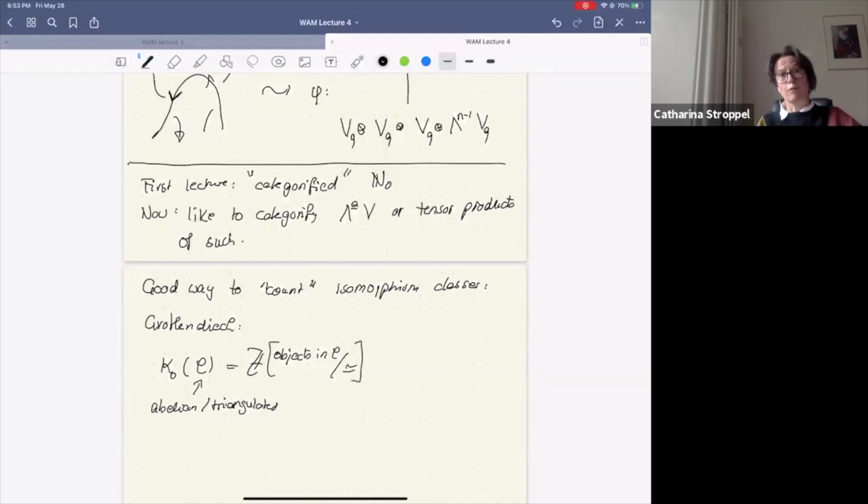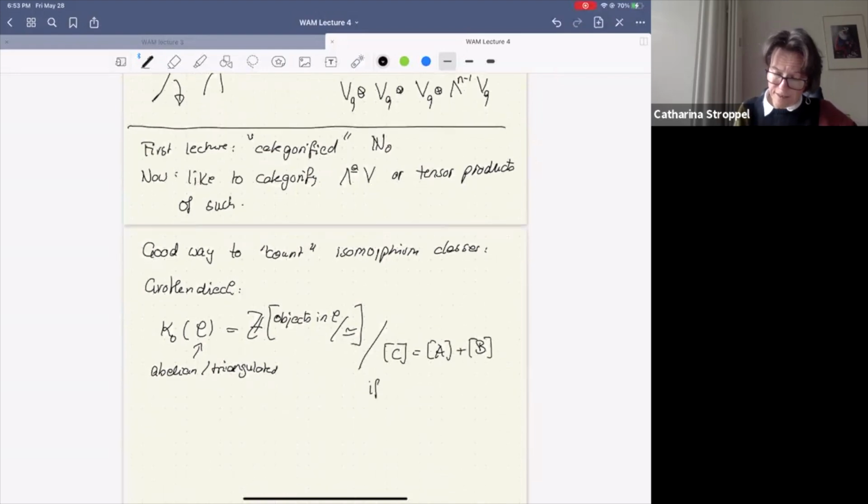So I just take formal linear combinations, modulo the relation of short exact sequences. So the isomorphism class of C is equal to the isomorphism class of A plus B if there is a short exact sequence, or in the triangulated case, a triangle of the form A goes to C goes to B.